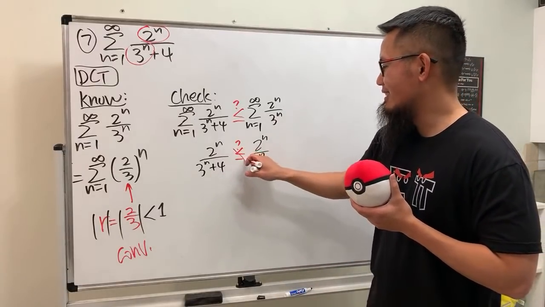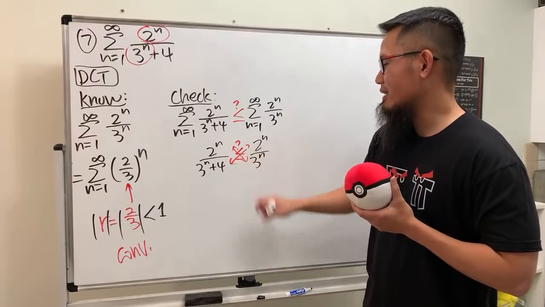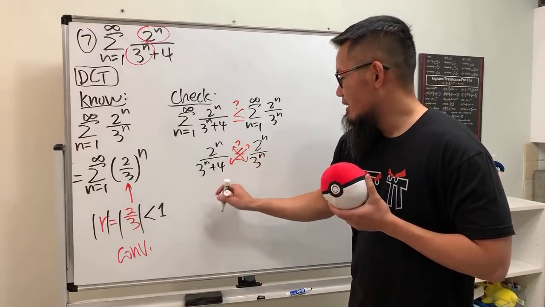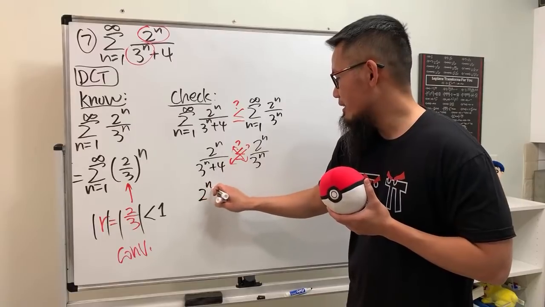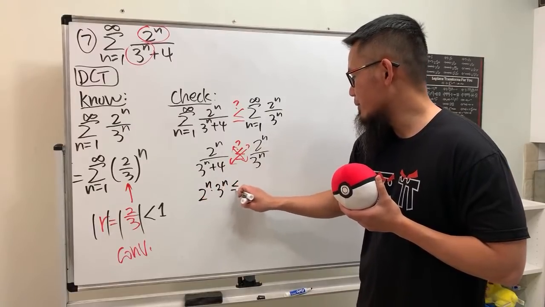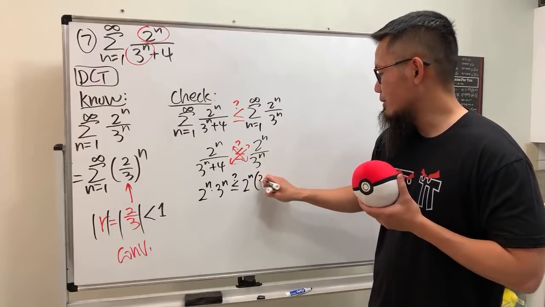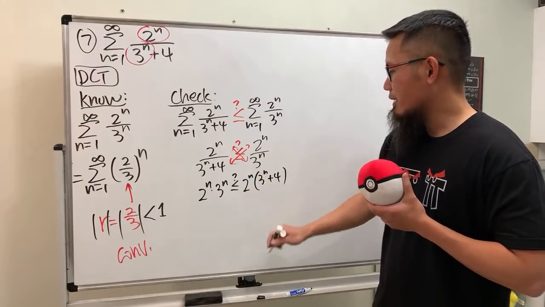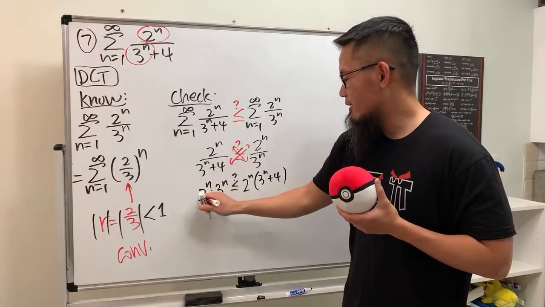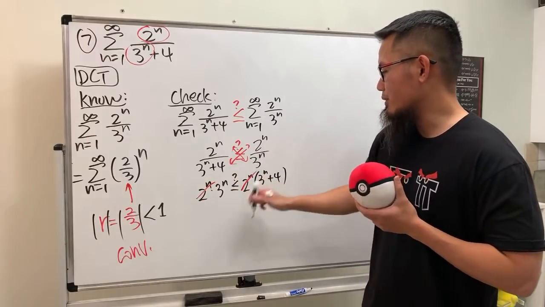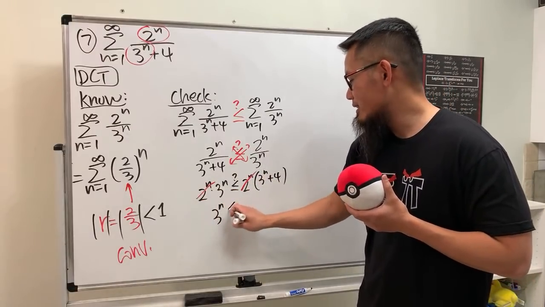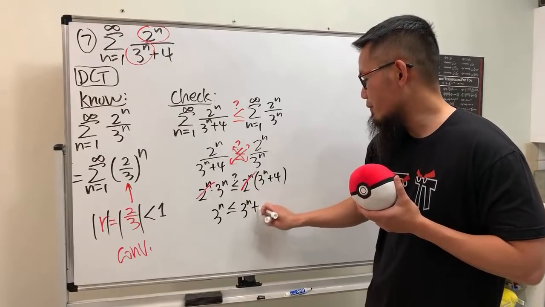Anyway, multiply, just do the usual thing if you like. So this is 2 to the n times 3 to the n. Is this less than or equal to 2 to the n times 3 to the n plus 4? This and that, they are never zero, so you can just cancel. 3 to the n less than or equal to 3 to the n plus 4.